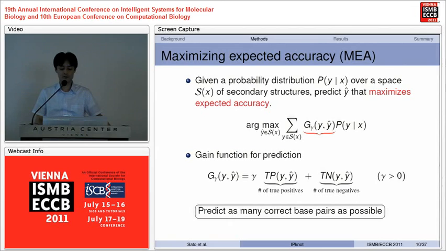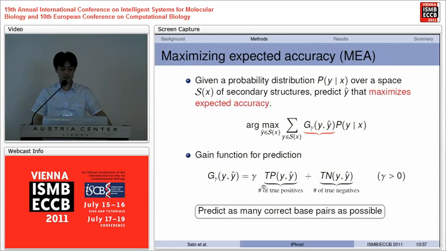Given a probability distribution over a space of secondary structures, we predict the optimal secondary structures that maximize the expectation of the gain function, which represents accuracy of RNA secondary structures. The gain function is defined as the sum of the weighted number of true positive base pairs and the number of true negative base pairs.